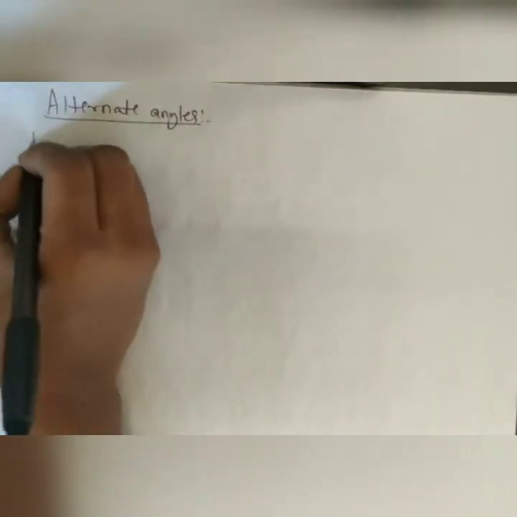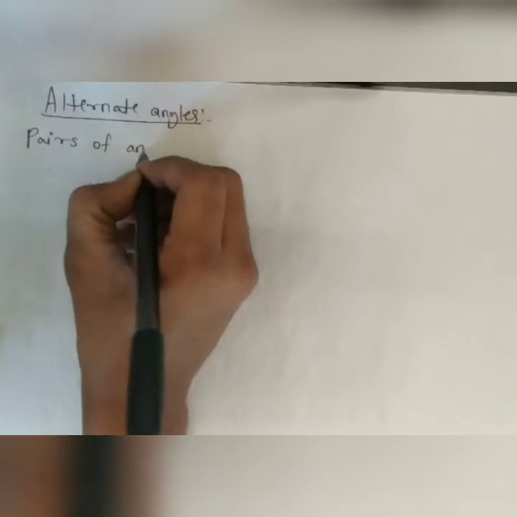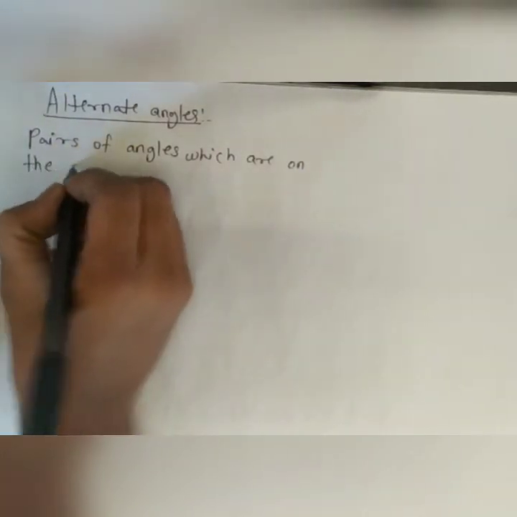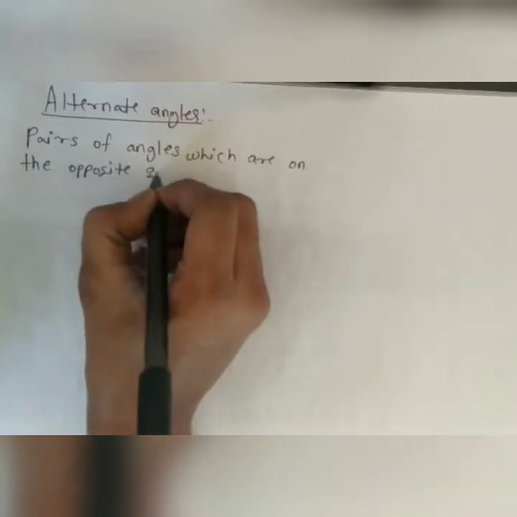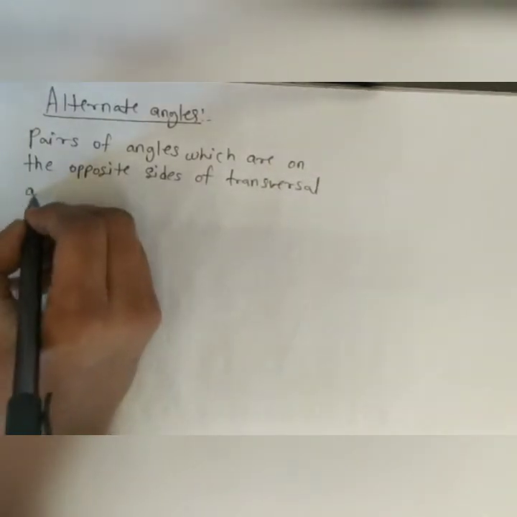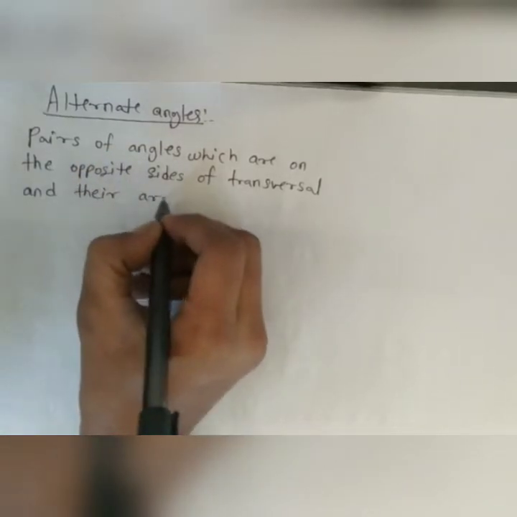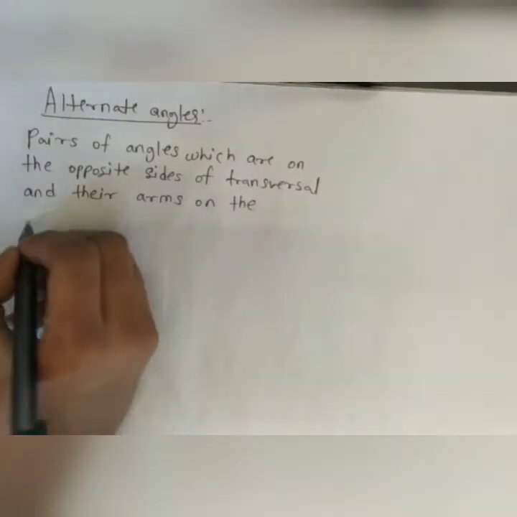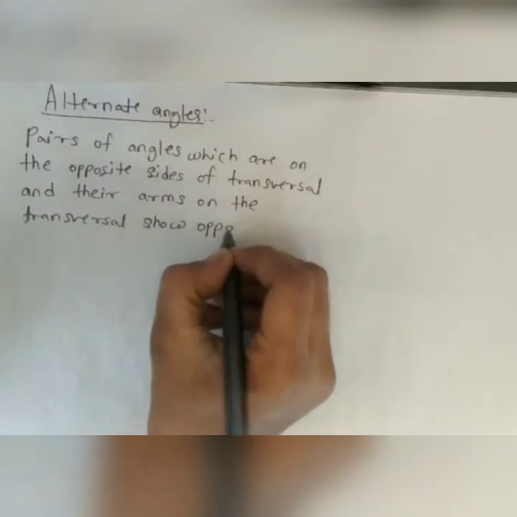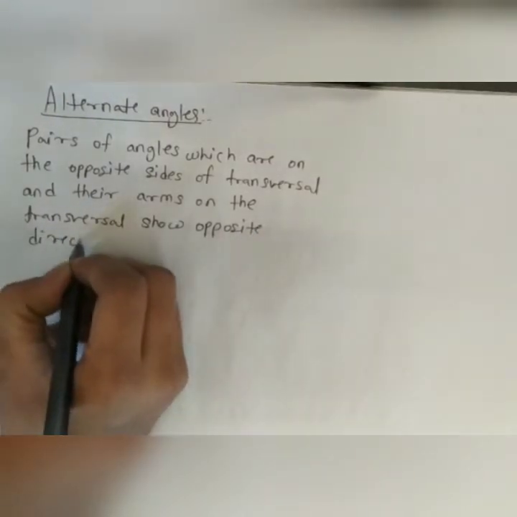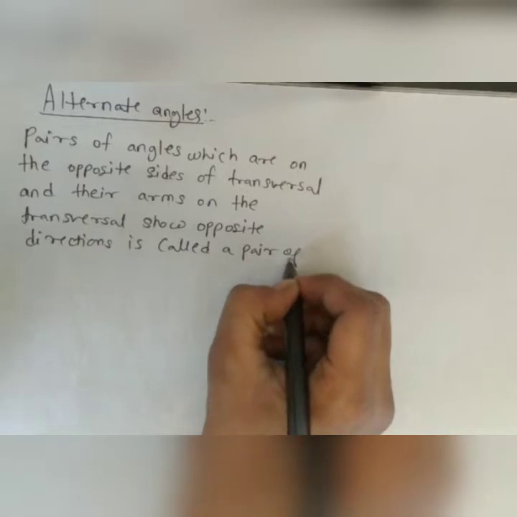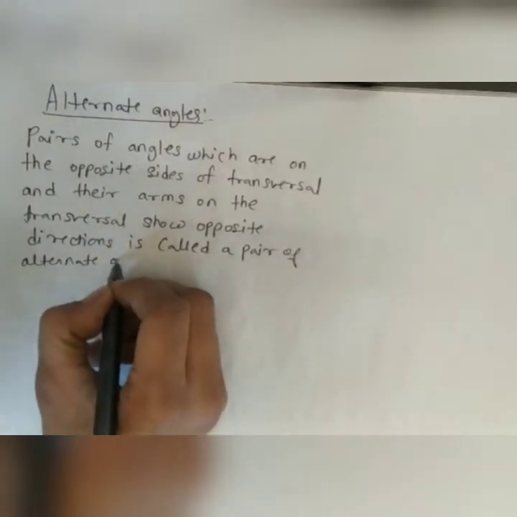Alternate angles, it says that pairs of angles which are on the opposite sides of the transversal and their arms on the transversal in opposite directions is called a pair of alternate angles.